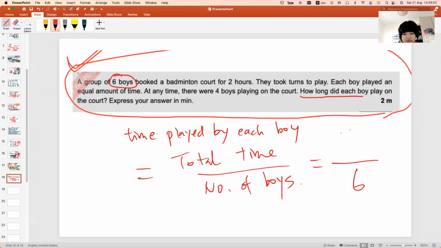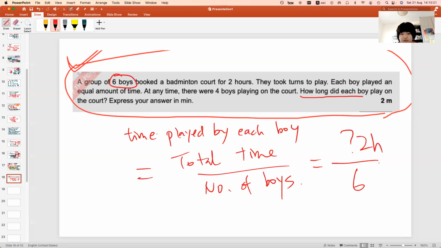You just need to figure out the total time. The court for 2 hours. 120 minutes. What's the total time? How do you get total time? 2 hours. So you are saying the answer is 2 hours for total time?